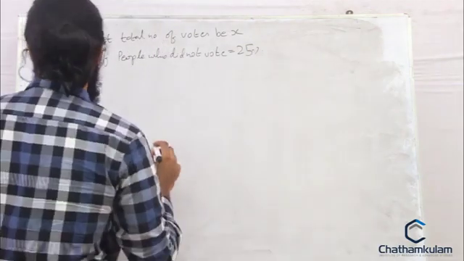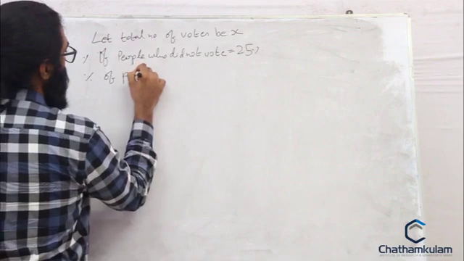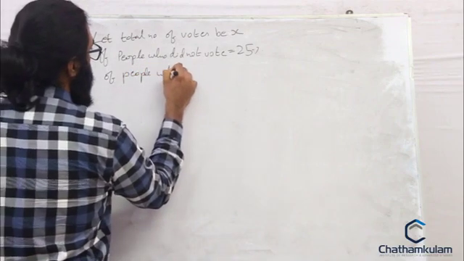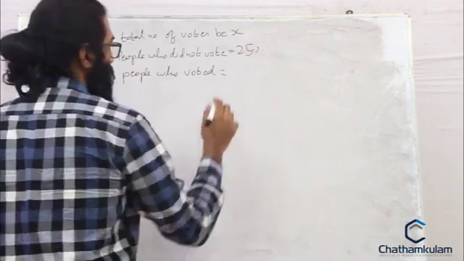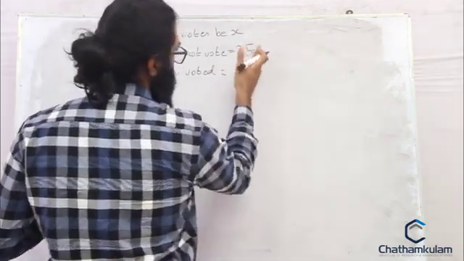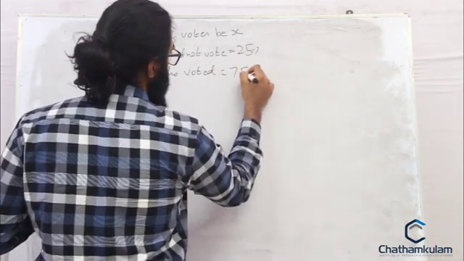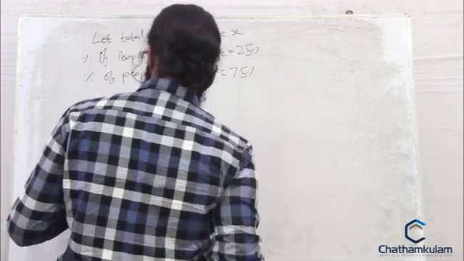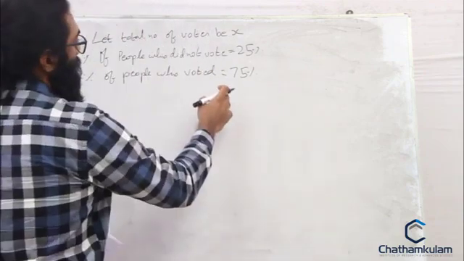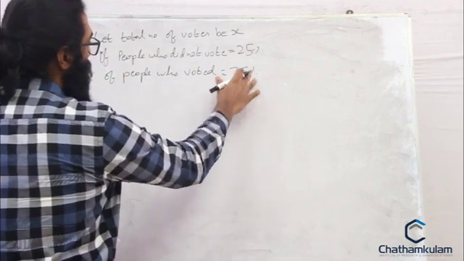So the percentage of people who voted is 100% x minus 25% x, which is 75% x. So this is the percentage of the total population who has voted.